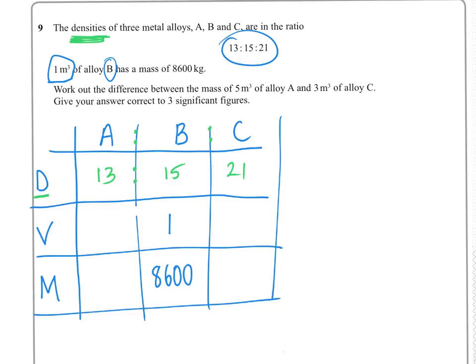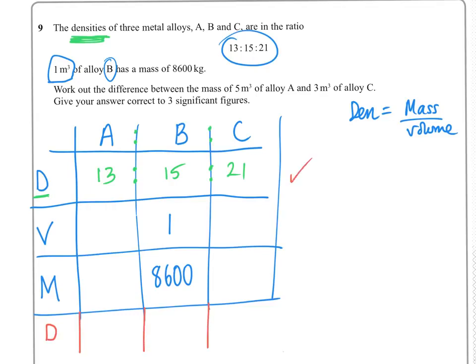Okay, so I think we're good to start the question now, and let's not forget that density is mass per given volume, so we can work out the actual densities of each of them, because we've got the ratio at the top.